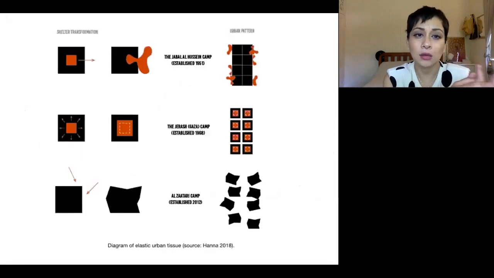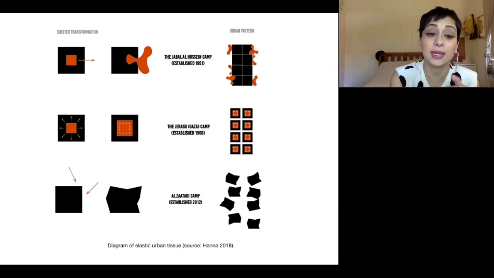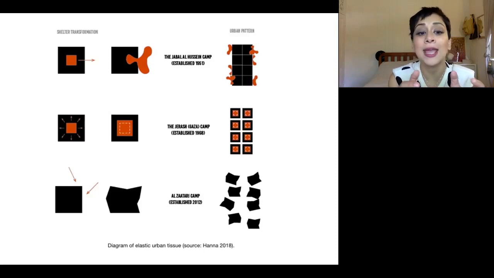And with that, I found out that the shelter's transformation, whether it overspills in the oldest camps because they are the most dense, with the highest population per area, or it transforms to the inside like Jerash Gaza camp, or the same temporary shelter starts to change shape and transform, it creates a very elastic urban fabric.